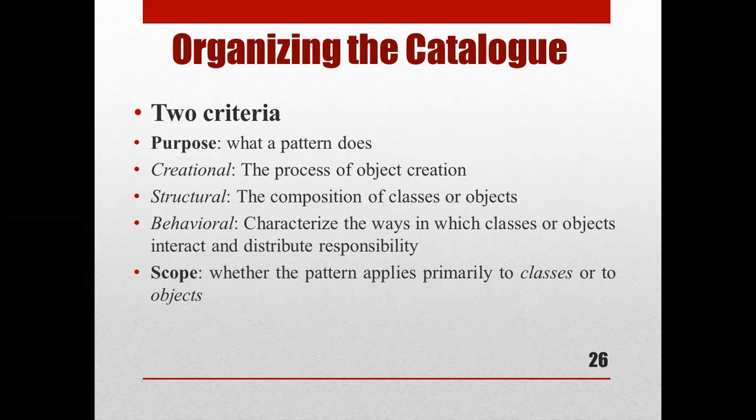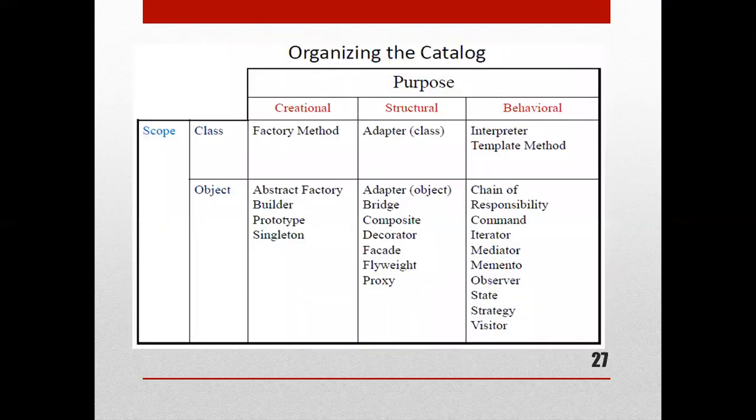Then the second criterion is scope, whether the pattern applies primarily to classes or to objects. Okay, that is the scope for organizing the catalog of design patterns, whether a pattern is applied to classes or objects. So these are the two criteria for organizing design patterns, purpose and scope.